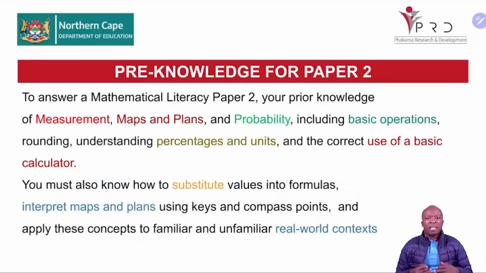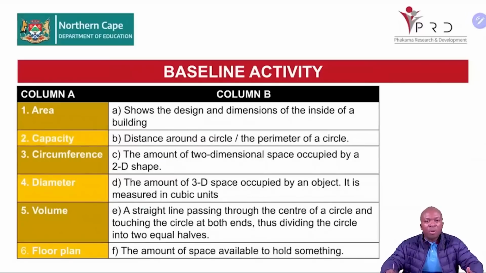Some of the things that I hope you know by now is your ability to do measurement questions that involve maps and plans and probability, your basic calculation skills, how to round, how to substitute, how to interpret maps. All of them are going to be crucial if we are going to do very well in this paper 2.